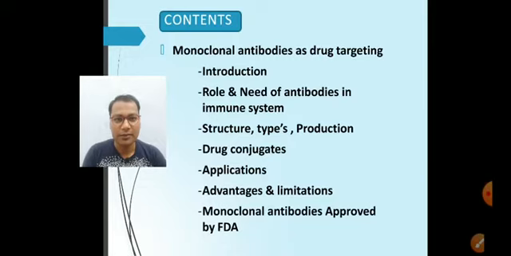The introduction about drug targeting, the introduction about monoclonal antibodies, the role and need of antibodies in the immune system, the structure of monoclonal antibody, its types and production, drug conjugates along with monoclonal antibodies for drug targeting, applications of monoclonal antibodies, advantages and limitations, and FDA approved monoclonal antibodies in the market. So, we will now discuss drug targeting.